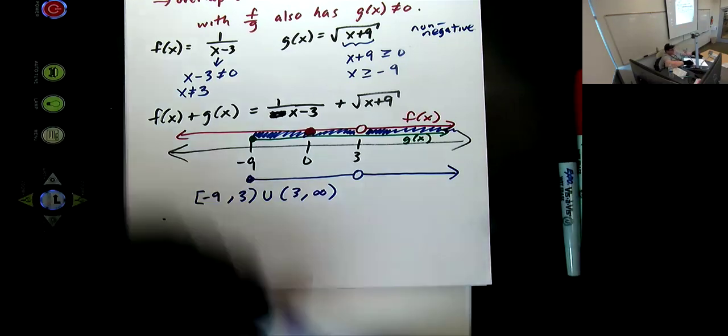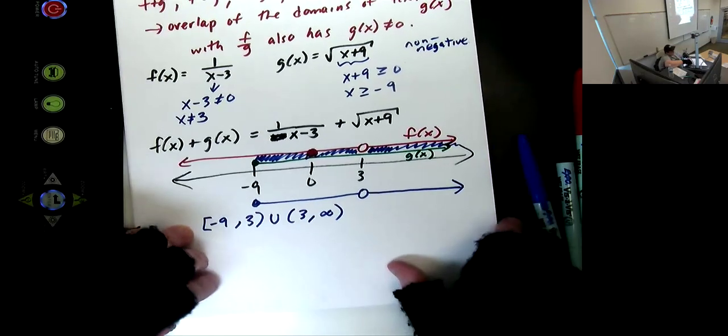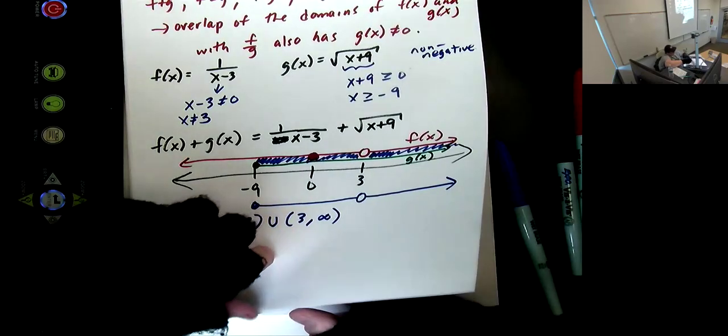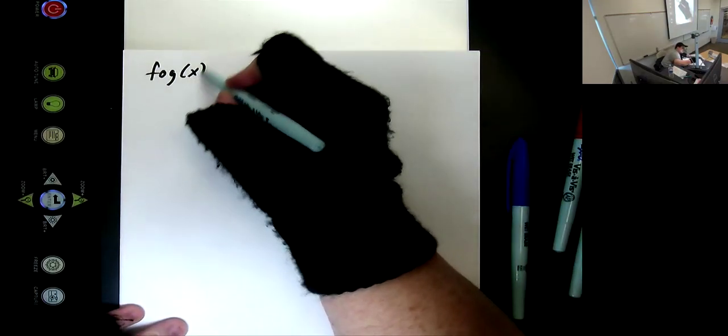All right, so let's look at the trickiness that comes along with our composition of functions. That's what f of g of x is called. F∘g of x is called composition of functions.